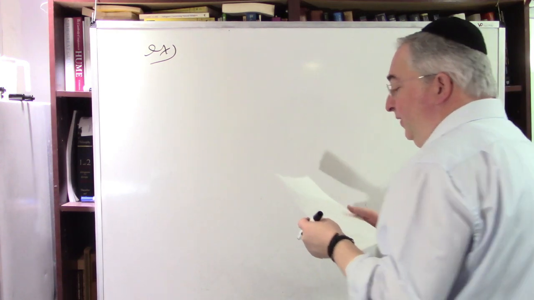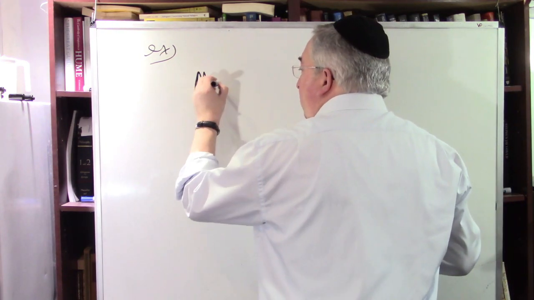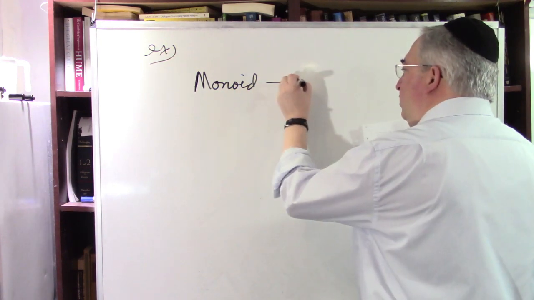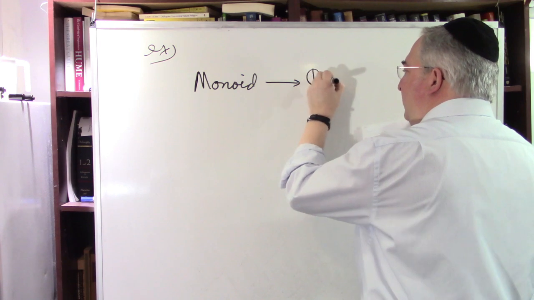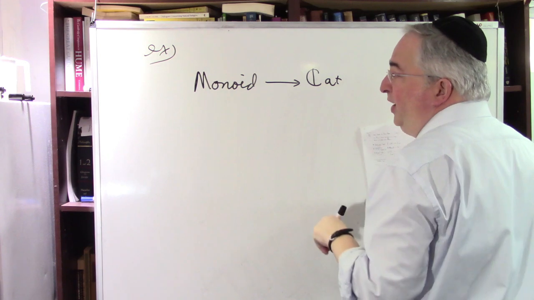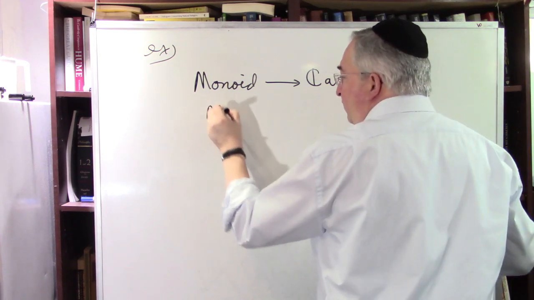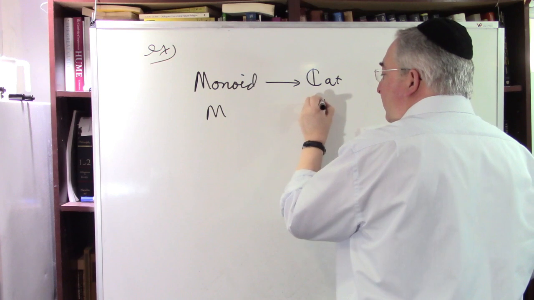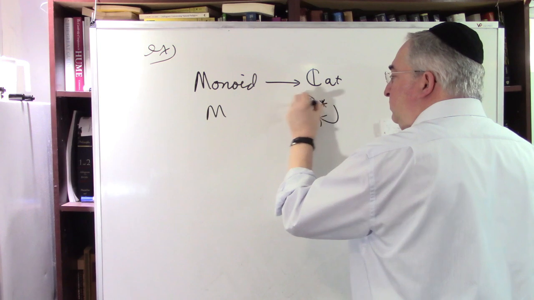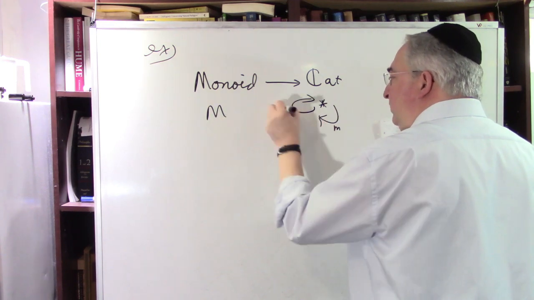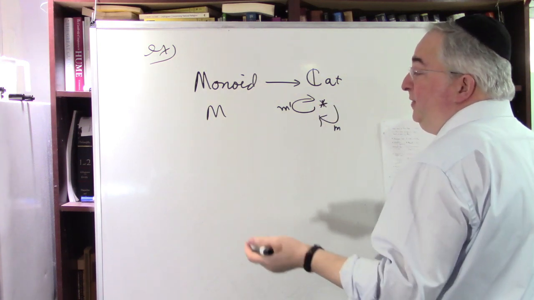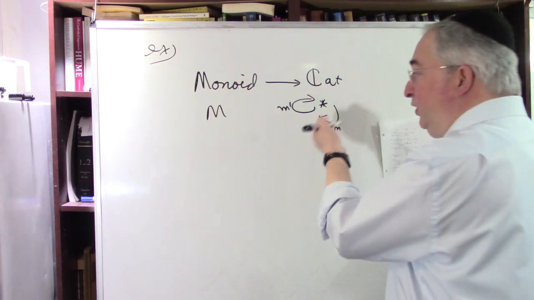Okay, let's do another one. One of the things I said was, take a monoid. You could think of a monoid as a category, a one-object category. Well, Cat contains all one-object categories too. Let's just remember how it goes. M goes to the category with one object, and for every element m prime in M there is a morphism, and the morphisms come and go from the only place that they can go because it's only one object.